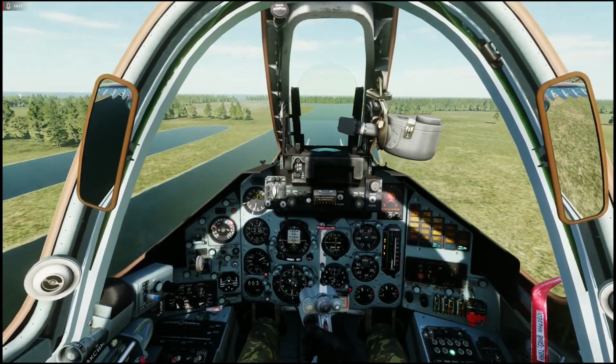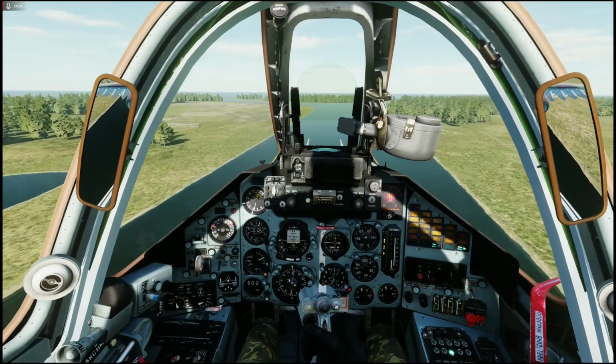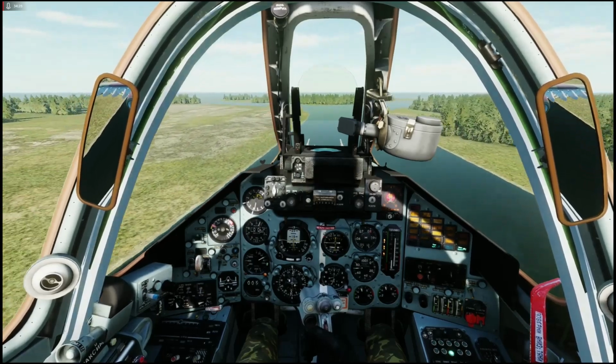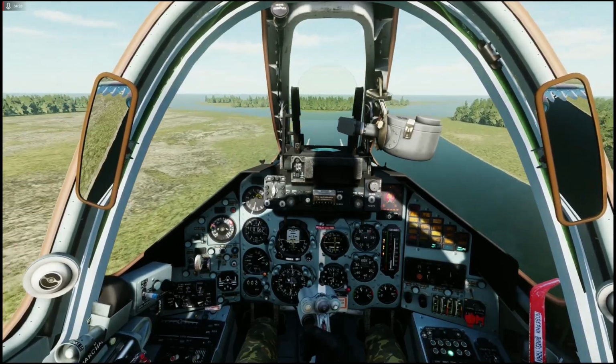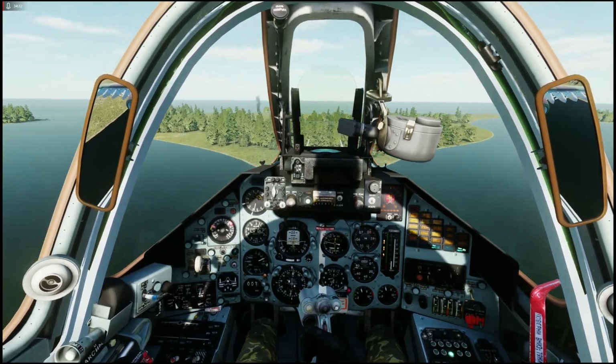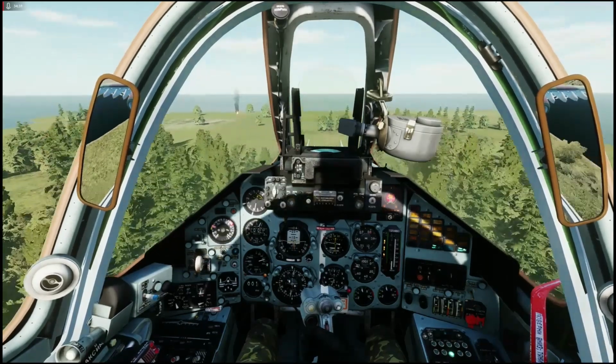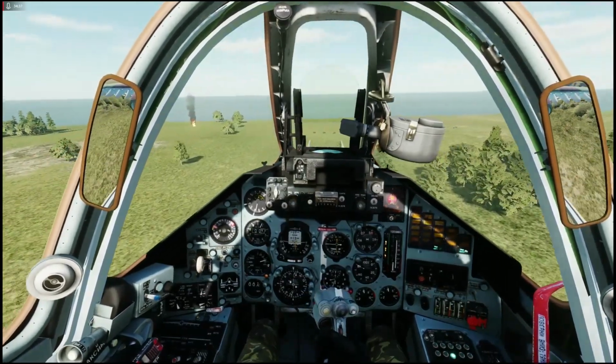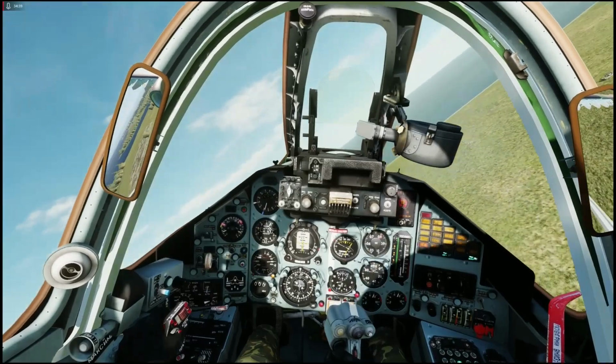Take a look at the navigation panel lights down there. When we reach steer point 3, all lights will be out, but the navigation panel and the navigation system will still be active. Whoops.